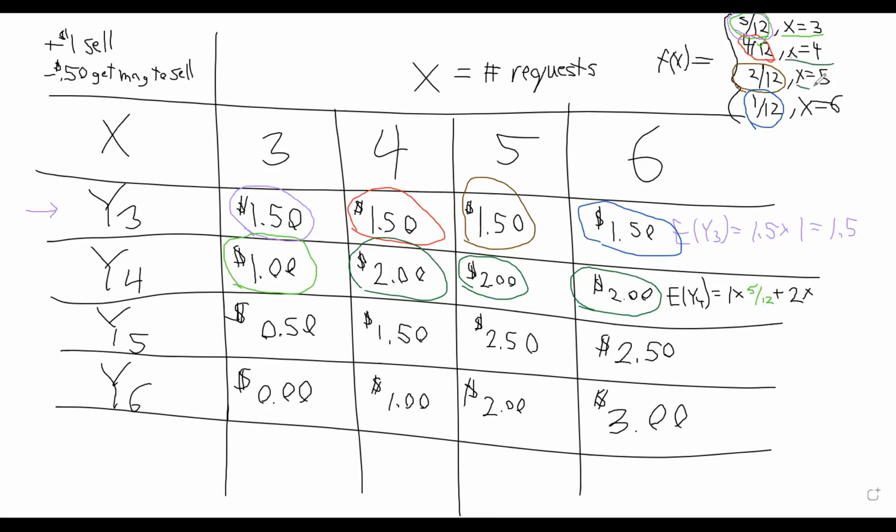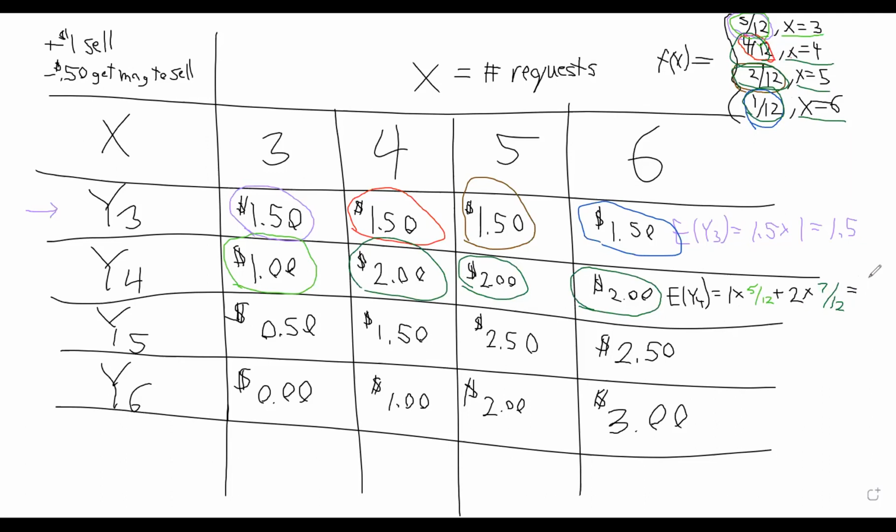You have x equals 4, x equals 5, and x equals 6. And so you would add these three probabilities corresponding to y sub 4 being 2. So that's 4/12 plus 2/12 plus 1/12, that's 7/12. So the probability of y sub 4 being $2 is 7/12. And so you add up those two products, you get 5/12 plus 14/12, and that's 19/12.